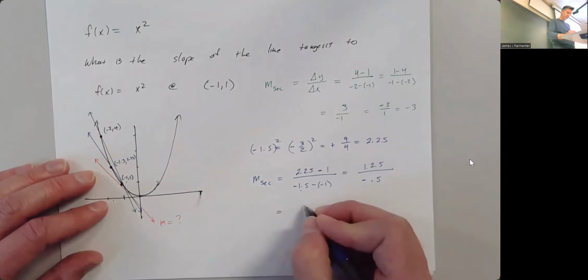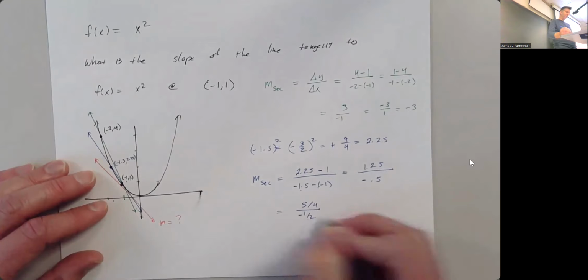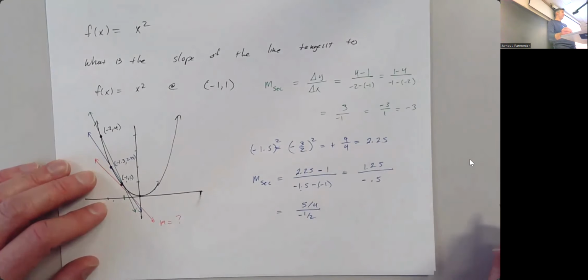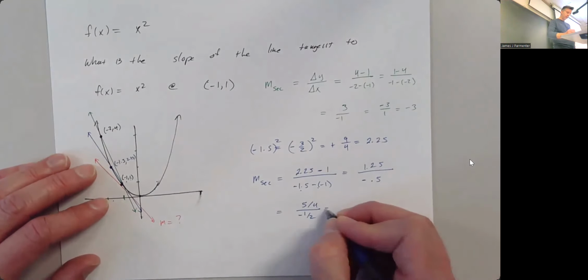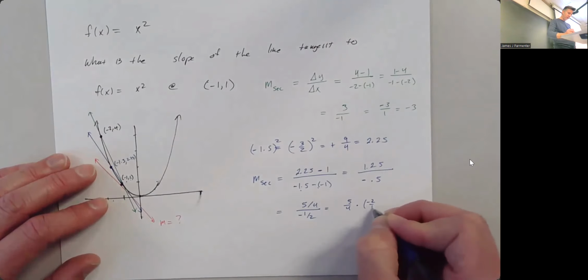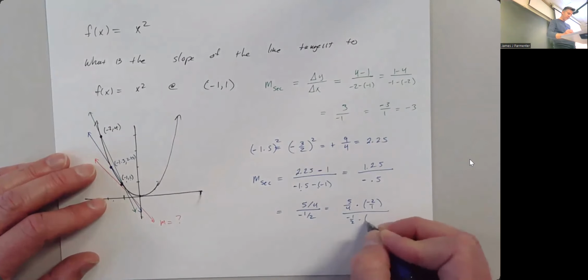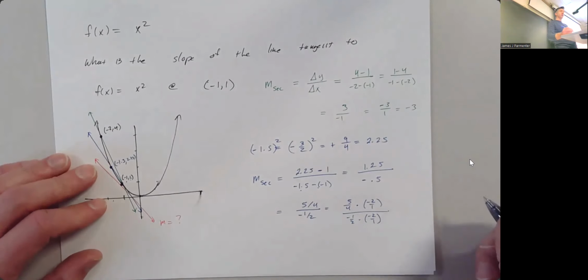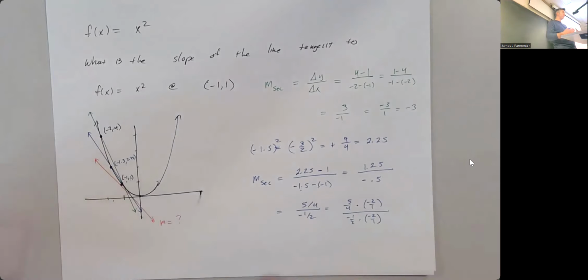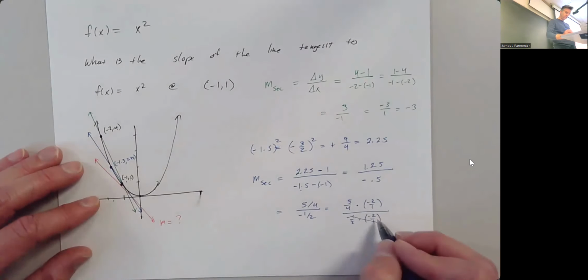So I would write this as 5/4 divided by negative 1/2, and then multiply top and bottom by -2. You get 5/4 times -2/1. You could write the bottom part, negative 1/2 times -2/1, but I don't think you need to, because that bottom part's just going to be 1.